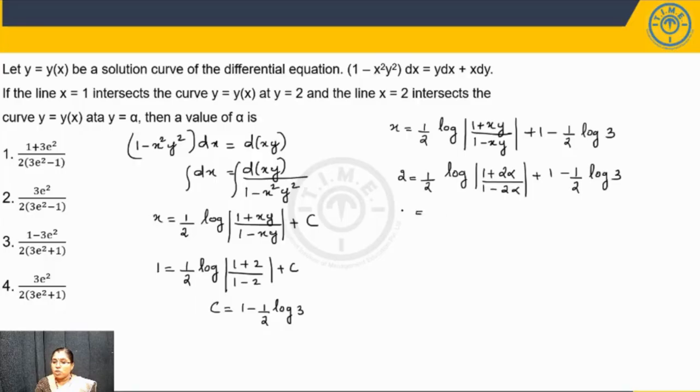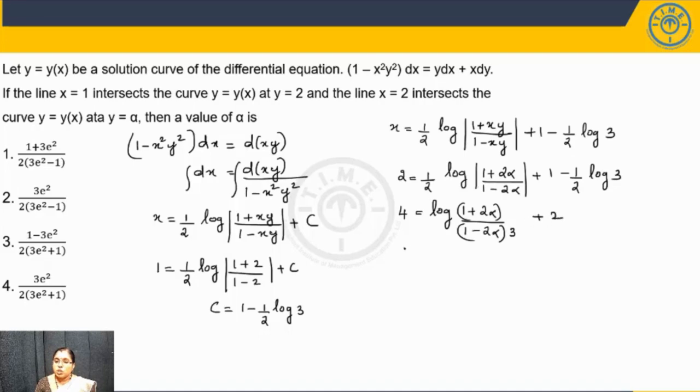When you multiply by 2, you have 4 equal to log A minus log B. So let's write 1 plus 2 alpha by 1 minus 2 alpha into 3 in the denominator plus 2.